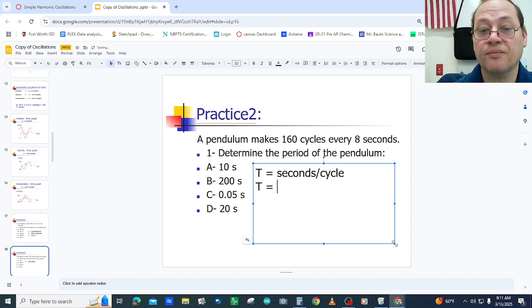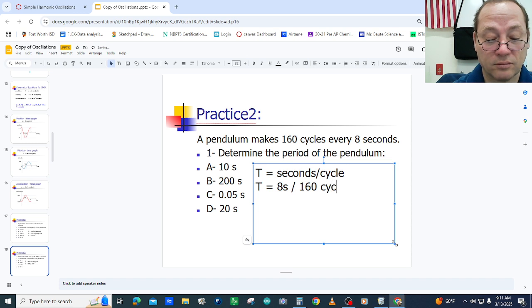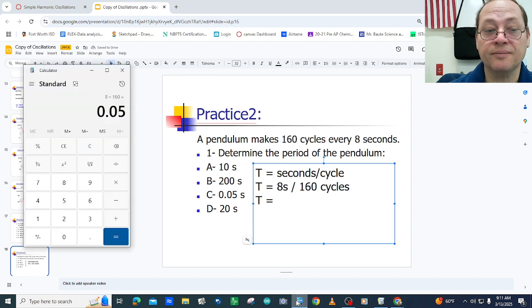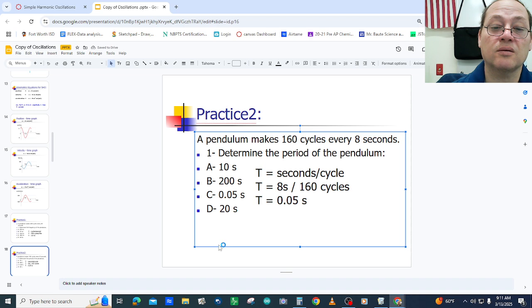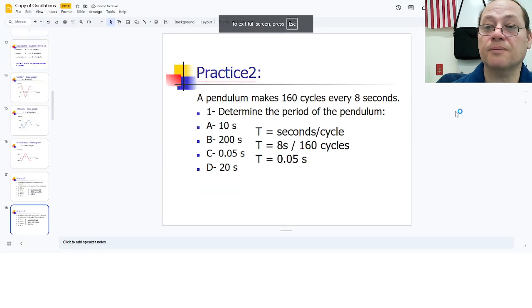So the period will be 8 seconds divided by 160 cycles. How much is the period? Pull out the calculator. 8 divided by 160, 0.05. 0.05 seconds in a cycle. That is the answer.